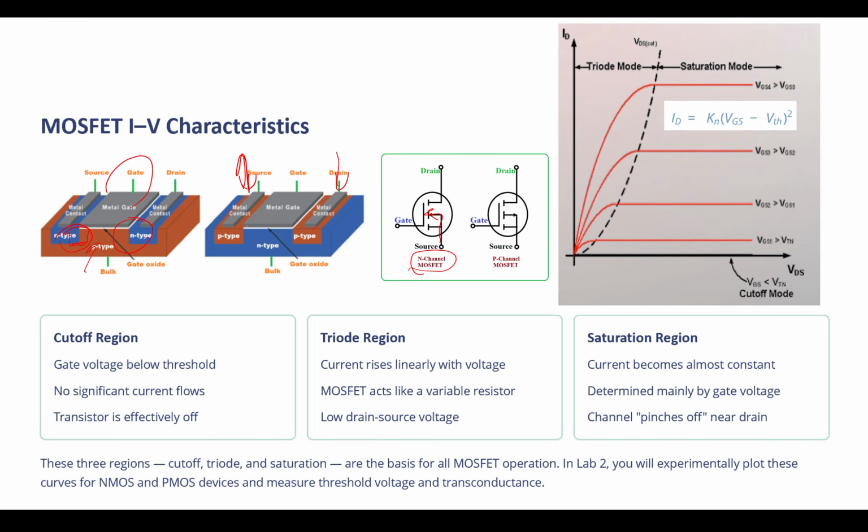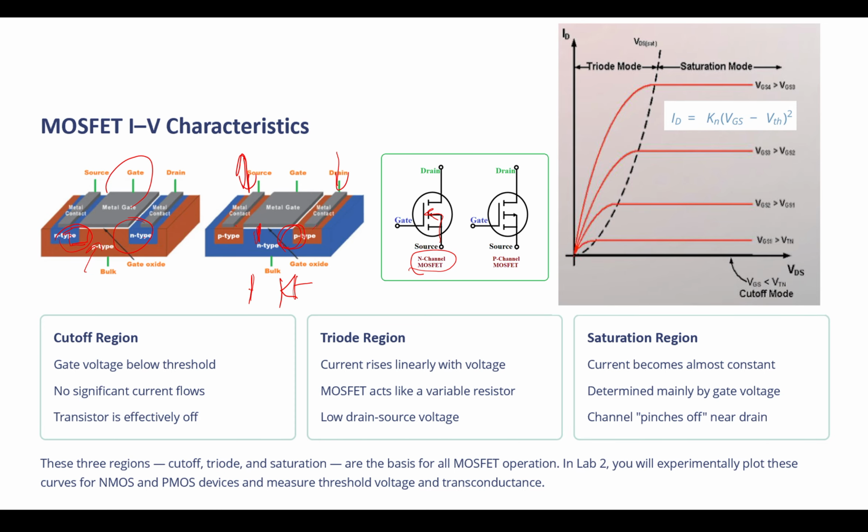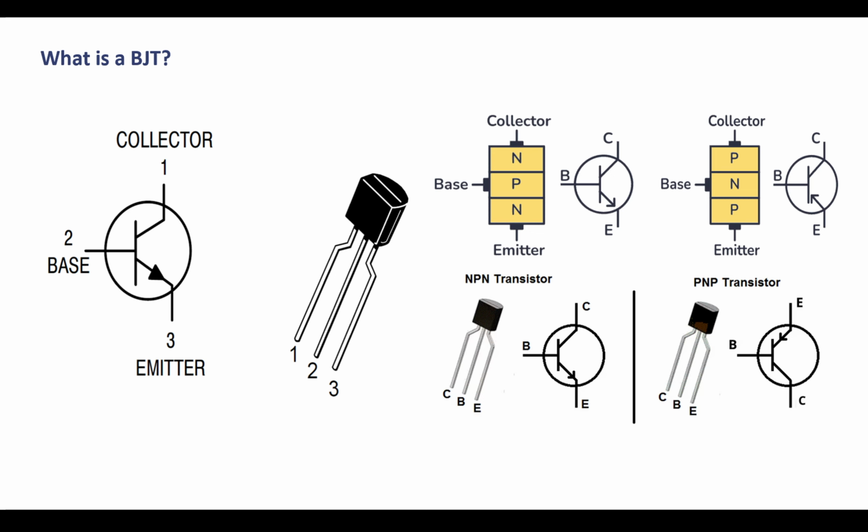From the perspective of these two pins, they see one diode, let's say an NP diode, with the cathode here. Then they see another diode, but its direction is in reverse. Is that clear?